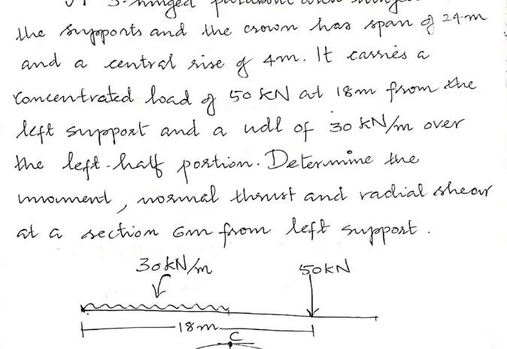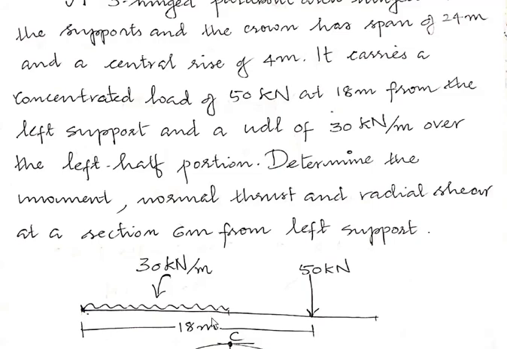So the loads acting on the arch are 50 kilonewton at 18 meter from the left support, as in this figure, and a UDL of 30 kilonewton per meter over the left half portion.